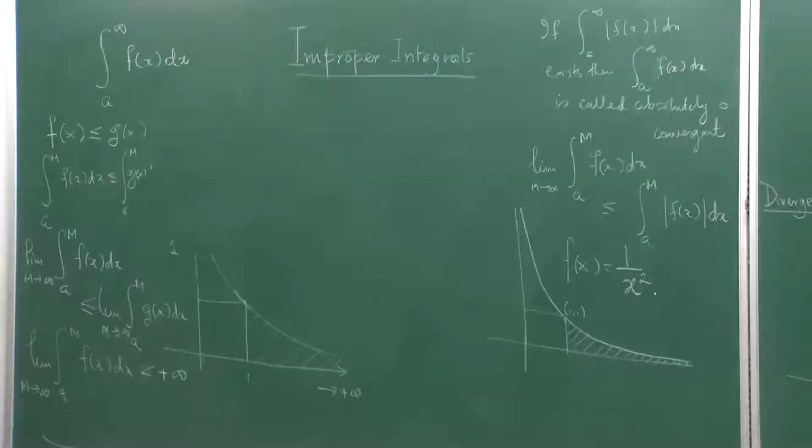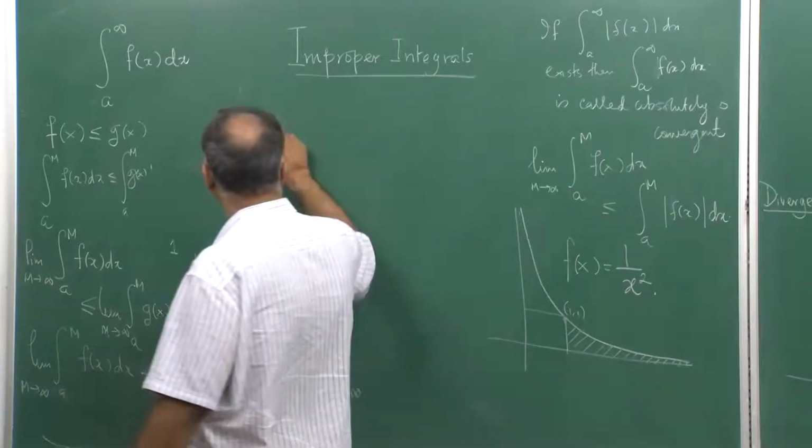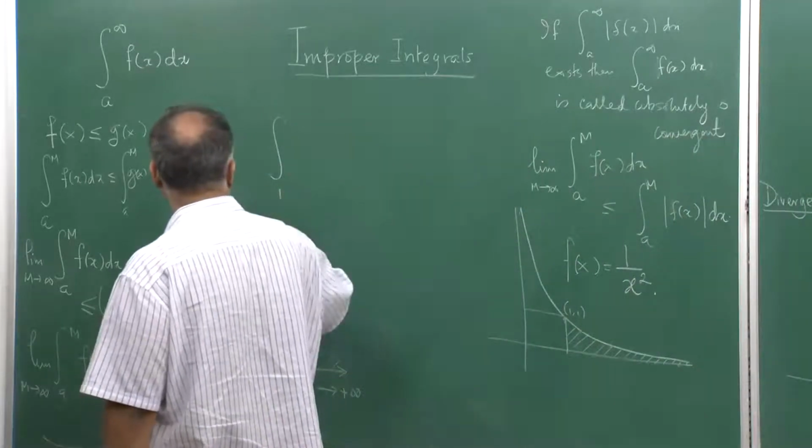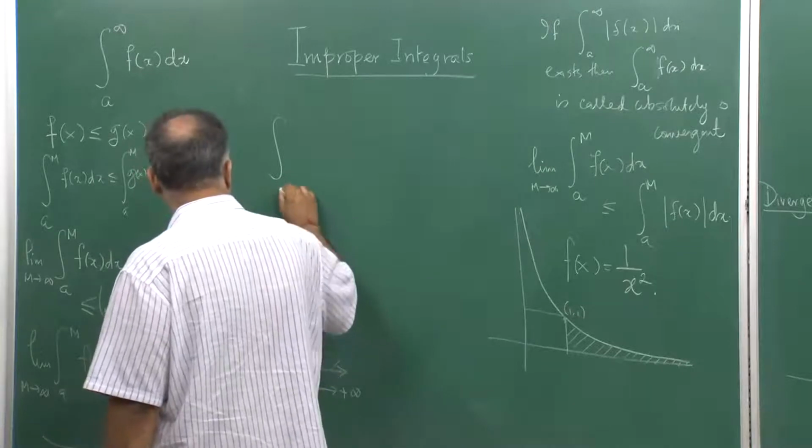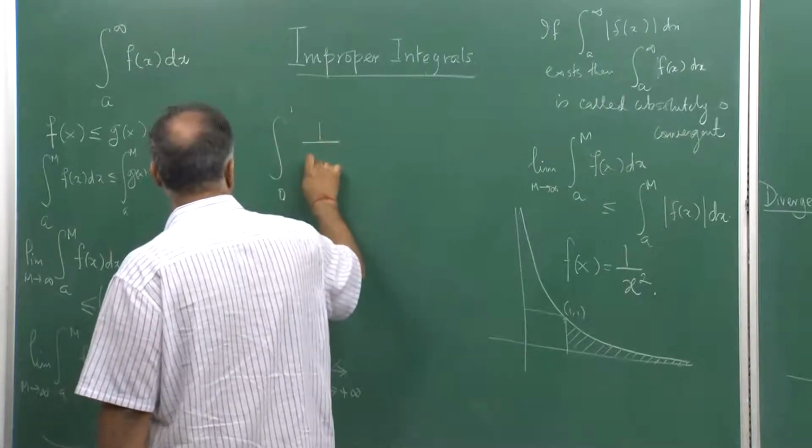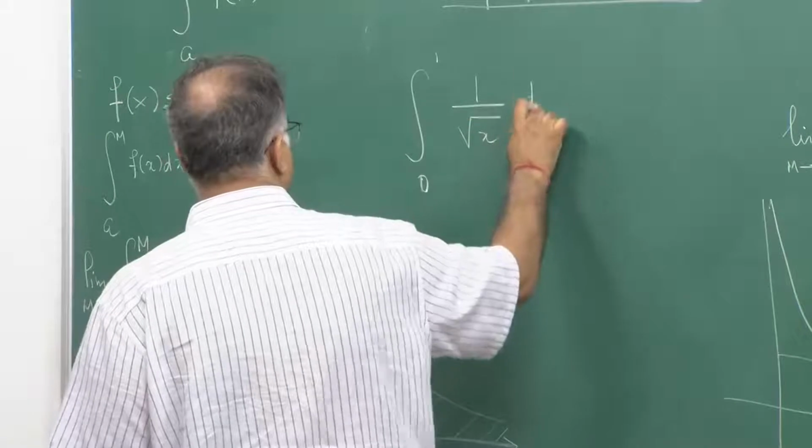So, for example, let me take this example from the book by Samuel Goldberg on real analysis. I do not think that you really have to bother much about the book, because this is a very common example of such situations. If you have a situation like the integral from 0 to 1 of 1 by root x dx.